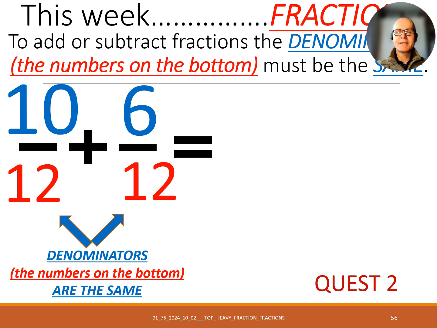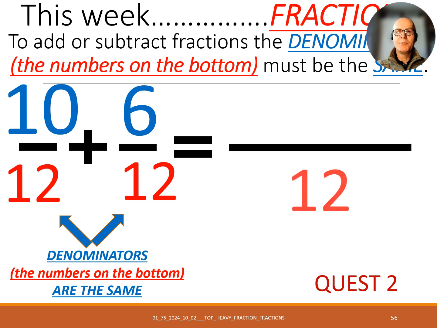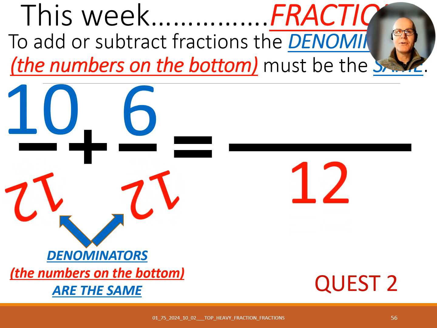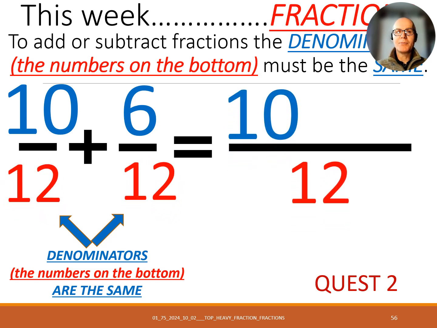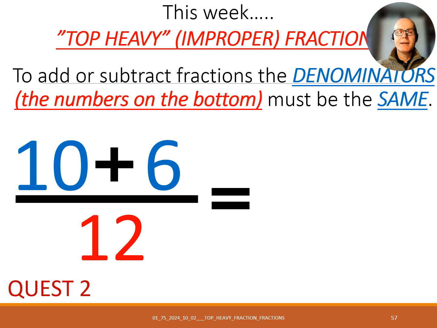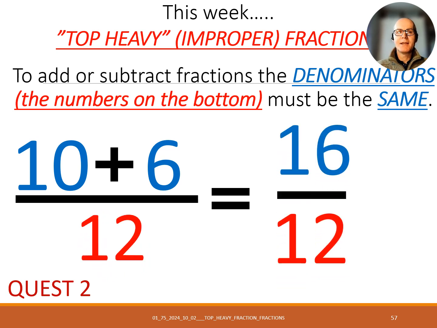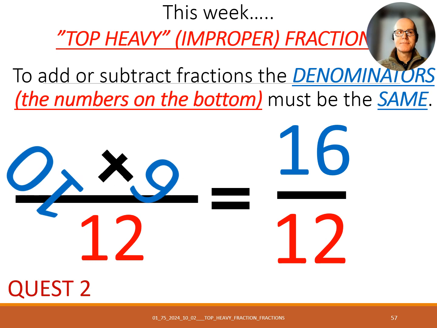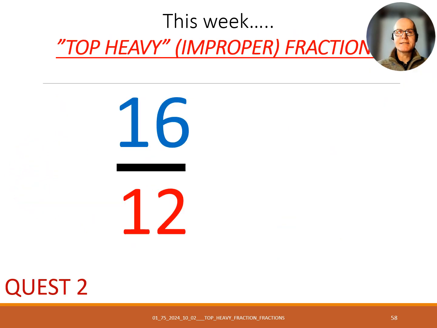We put our common denominator of 12 on the bottom, and then on the top we have 10 plus 6. 10 plus 6 is 16. 10/12 plus 6/12 is 16/12.